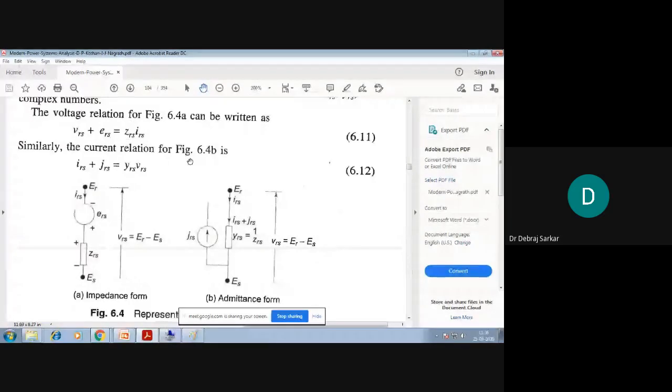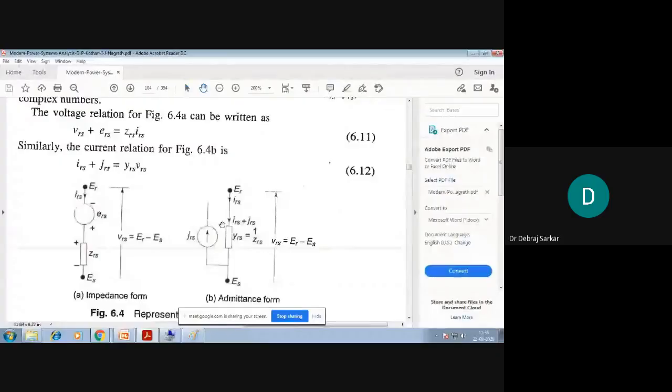Similarly, IRS and JRS. In this subject, J is taken as the current source. Both J and I are currents, but J is taken for all the current sources. So the current through the admittance and the source current, these two are in parallel.